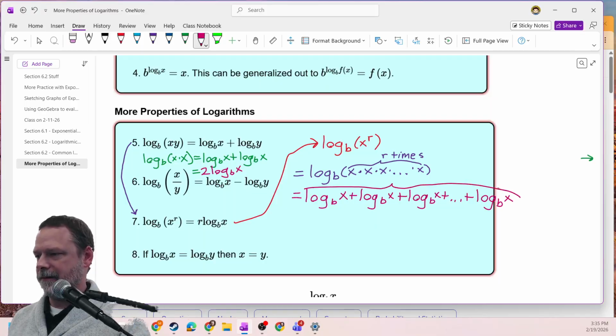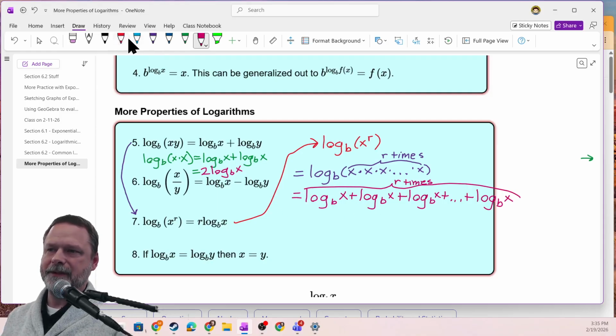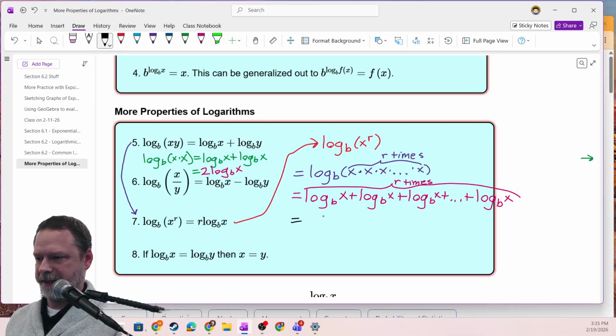We got r of those, r times. All right, so what's a shortcut for repeated addition? I believe it's called multiplication. We got r of these we're adding together. That's really just r times log base b of x. So there's our explanation for this.